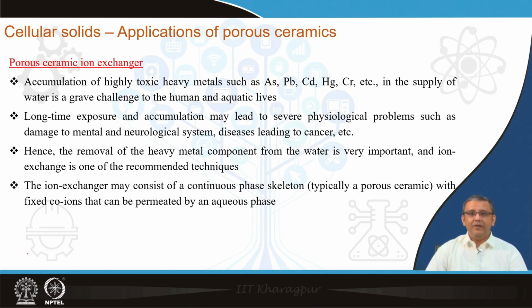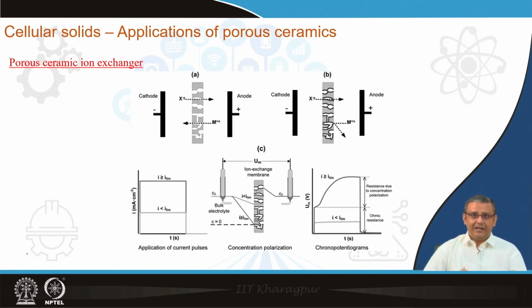In this way, maintaining the same amount of polarity, the ion exchange takes place, and the harmful ions are removed from the water before it is supplied for further applications. And this diagram shows the basic principle of how the ion exchange works.